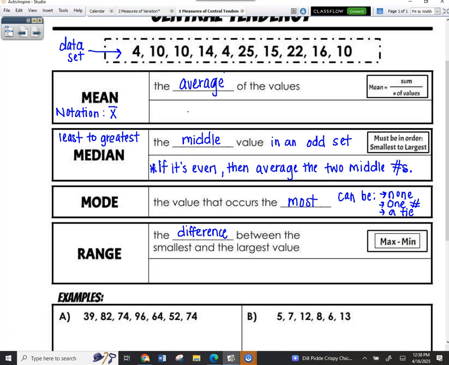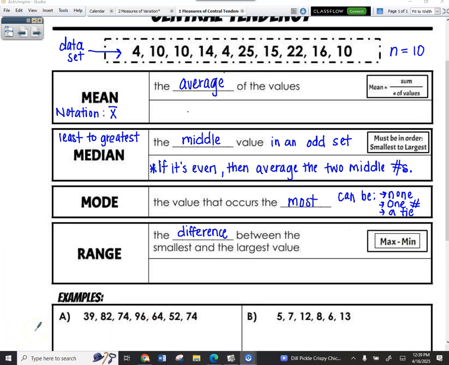How many did you get? 10. All right, now I want you to come over here to the right, and I want you to learn to use N to represent how many numbers there are, okay? N means how many numbers there are. You with me?